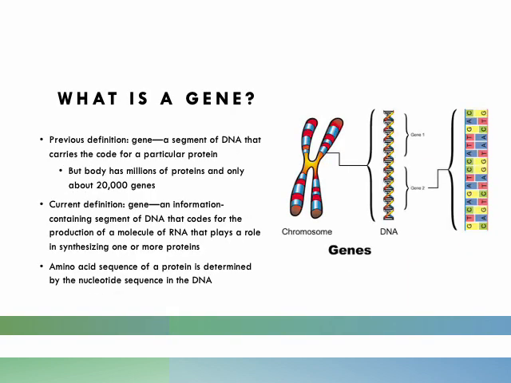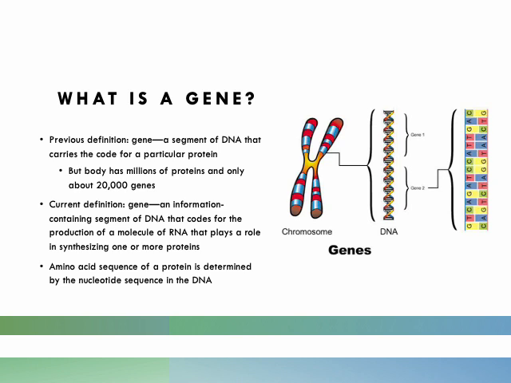Okay, going back to genes. I told you they were a chunk of DNA that coded for a protein. A little bit more in detail now, since we have a little bit more information: they are actually a chunk of DNA that codes for an RNA molecule to be made, and then that RNA molecule will tell the ribosomes what protein to make. So the amino acid sequence of a protein is determined by the DNA sequence.